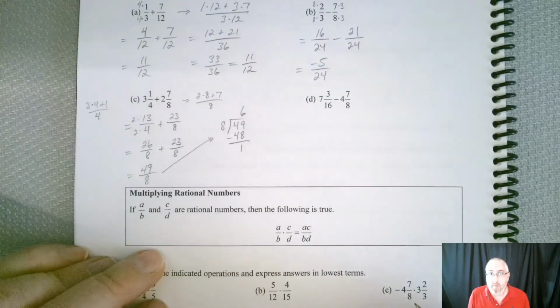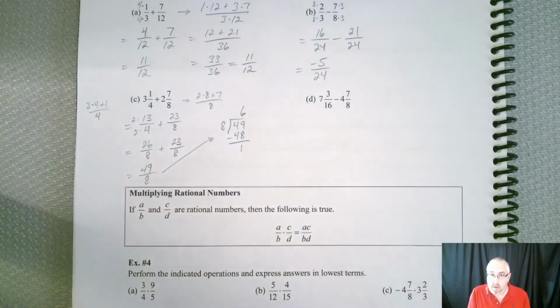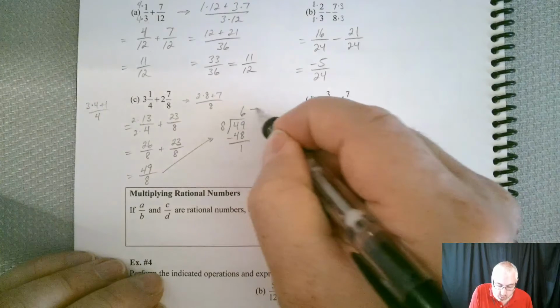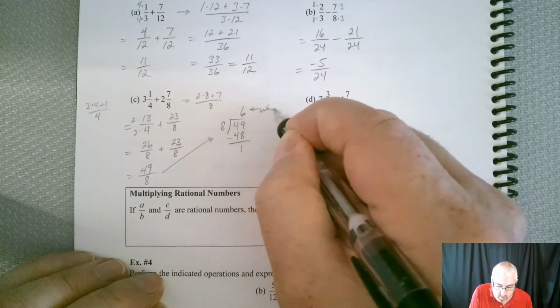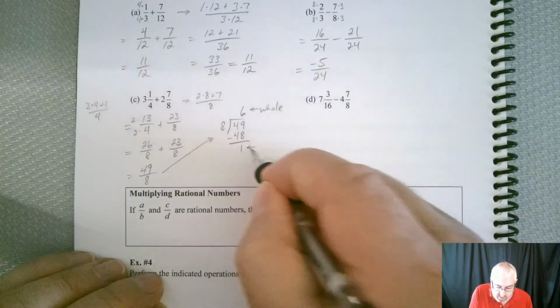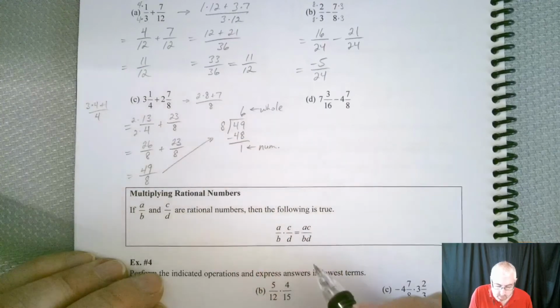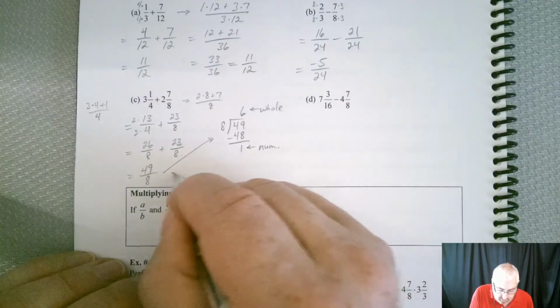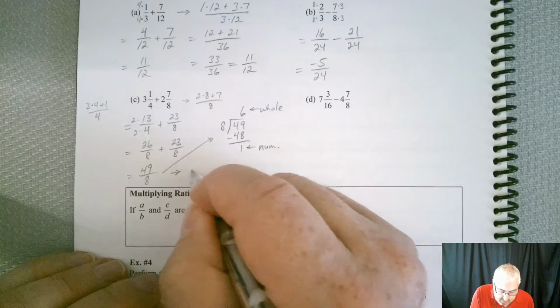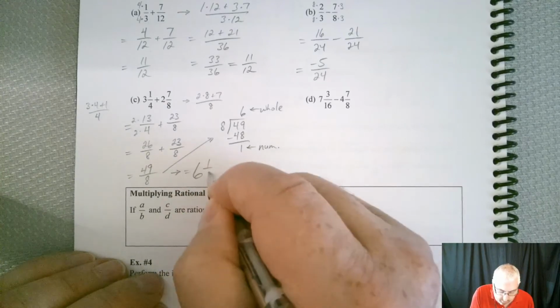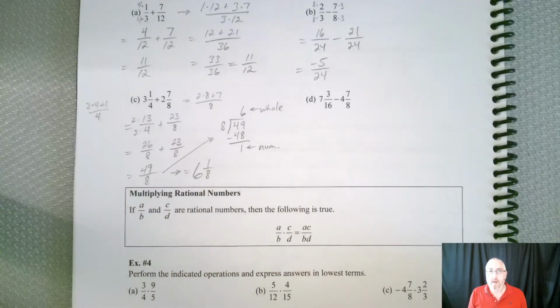And there's 1 left over. Those are the pieces you need for your mixed number. The 6, this is your whole number. And this is your numerator. So we should be able to get 6 and 1/8 from that.